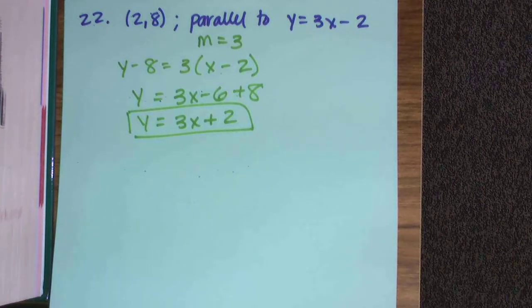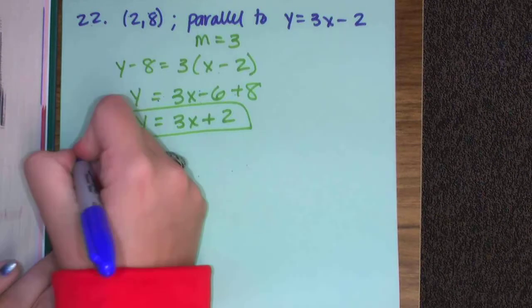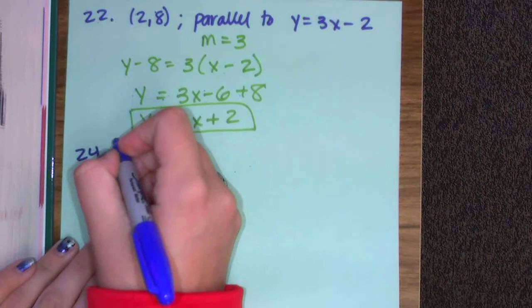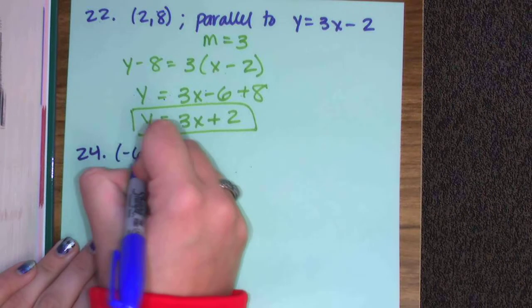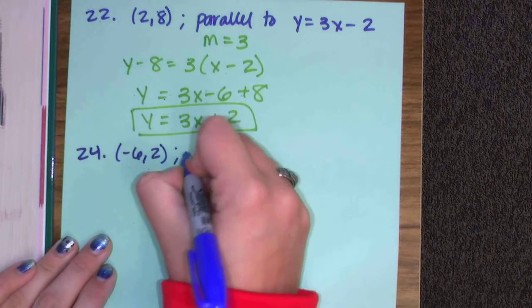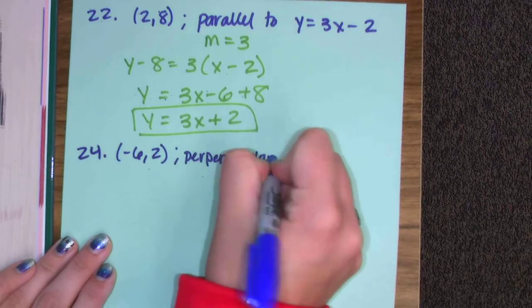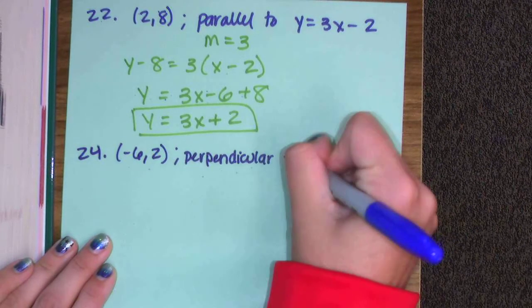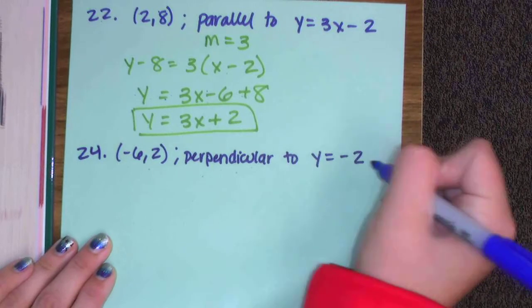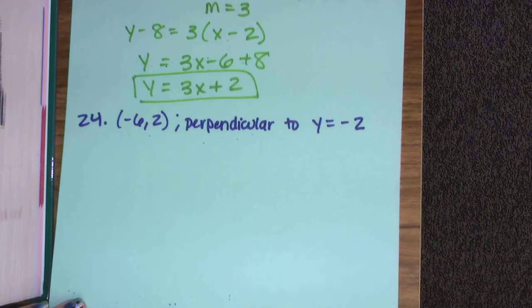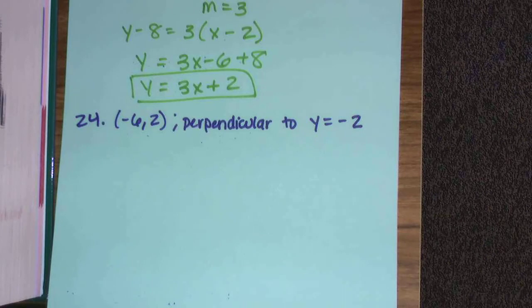All right, let's do 24. This one's going to be a perpendicular one. So 24, we have (negative 6, 2), and it's perpendicular to y is equal to negative 2. Actually, hold on.